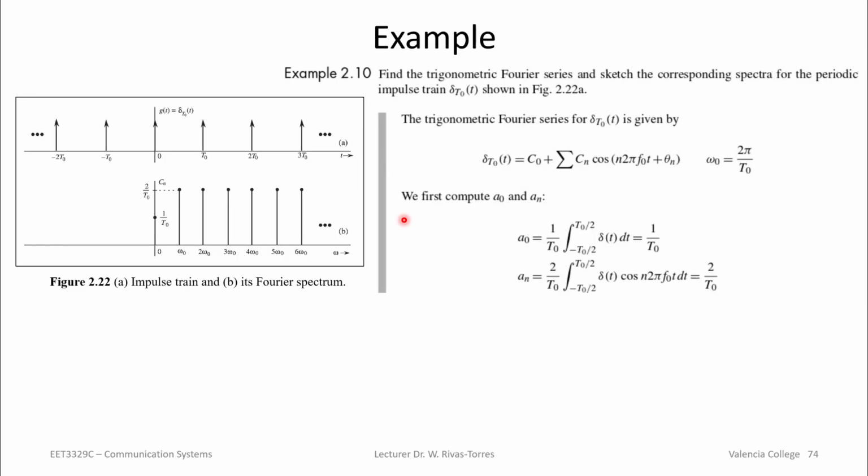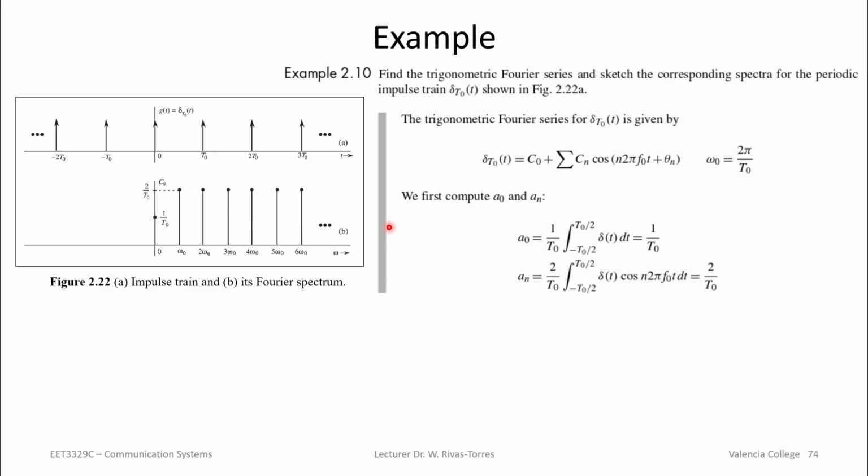Here's another interesting example and property of our impulse function. Let's say I create a periodic signal that's made out of all these impulses. If you go through the trigonometric Fourier series and you do this, you figure out what omega 0 is, and the period of the signal, by the way, is T0. Notice that it repeats the impulse function every T0 seconds.